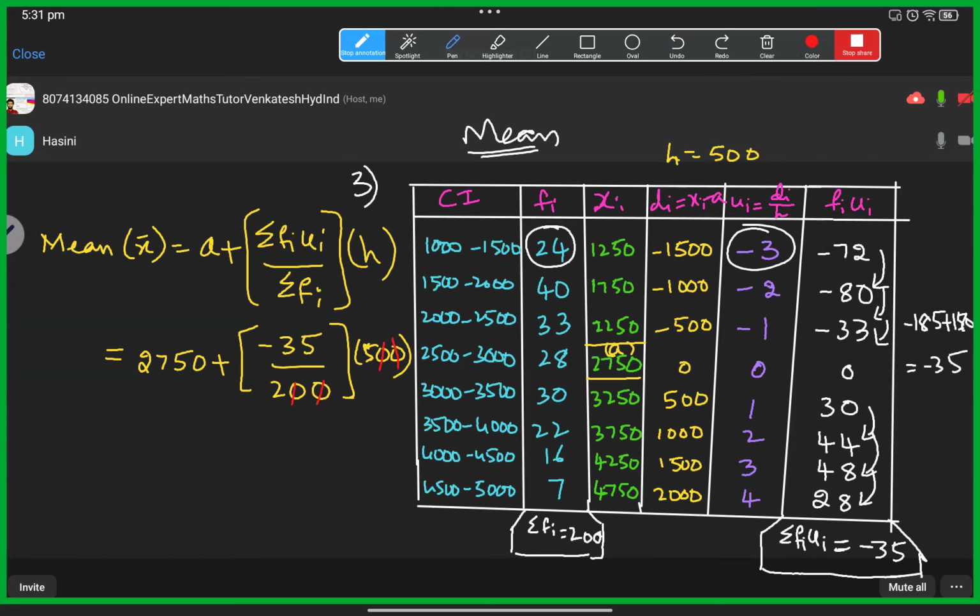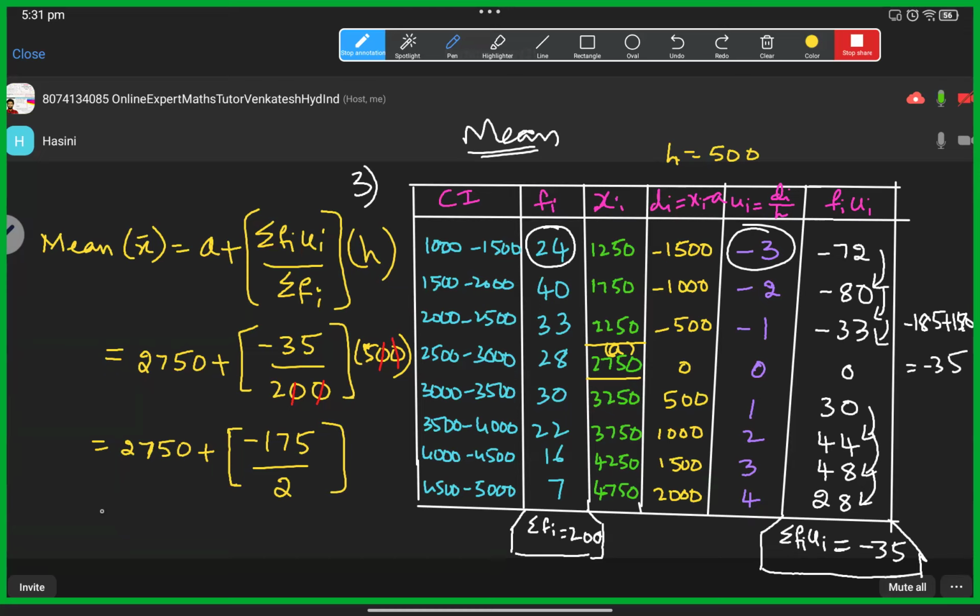We get 2750 plus minus 35 into 5, which is minus 175, by 2.